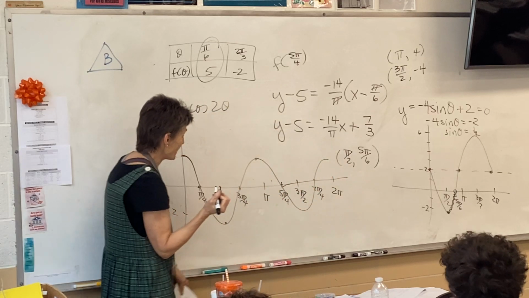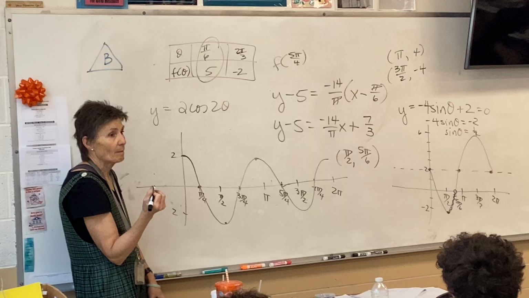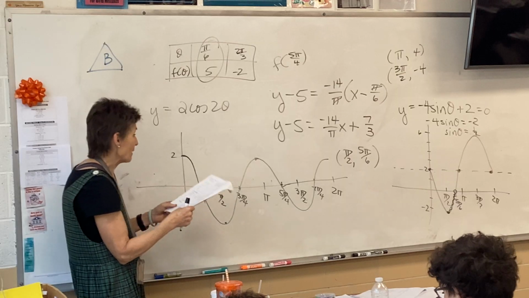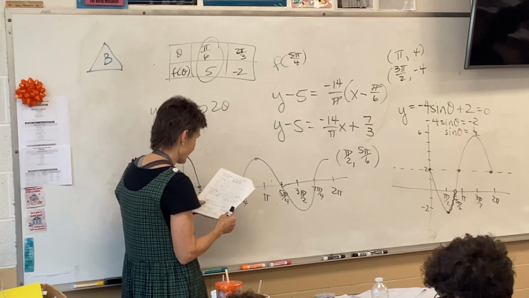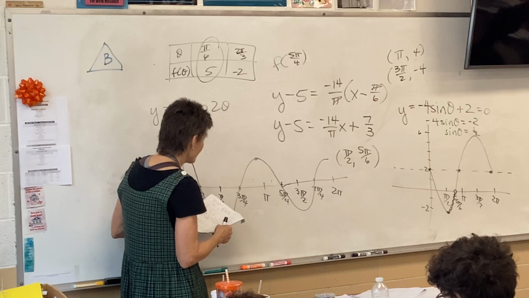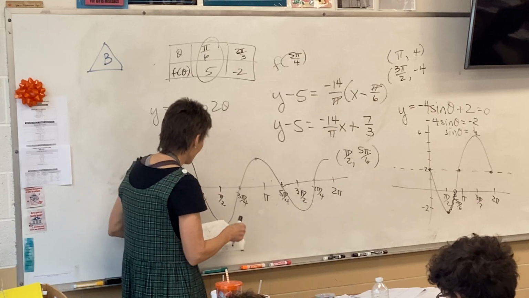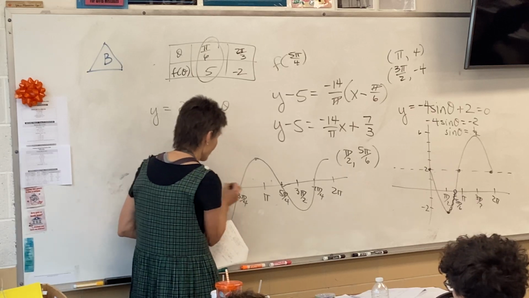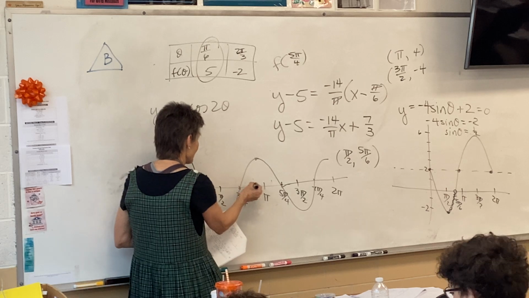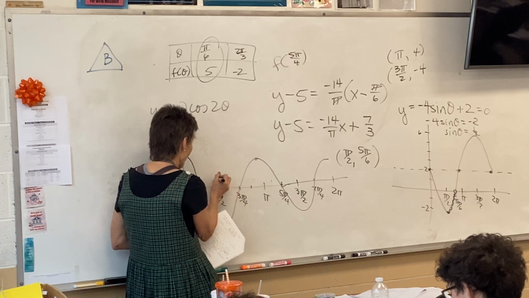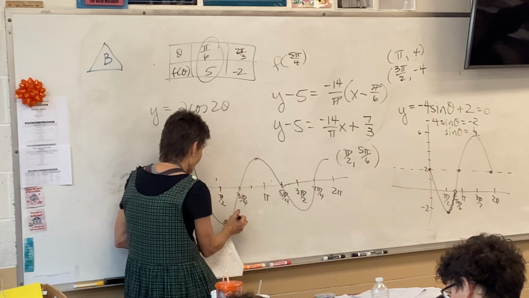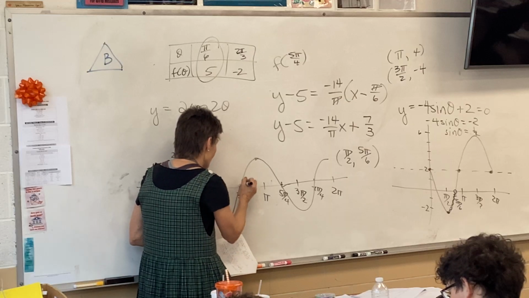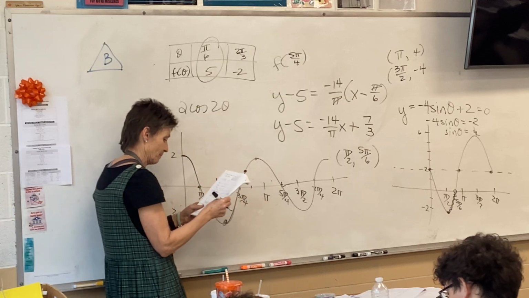Okay, so there is my picture. Now the interval I'm interested in is pi over 2 to 2 pi over 3. So pi over 2 is right here, and I'm going to 2 pi over 3.